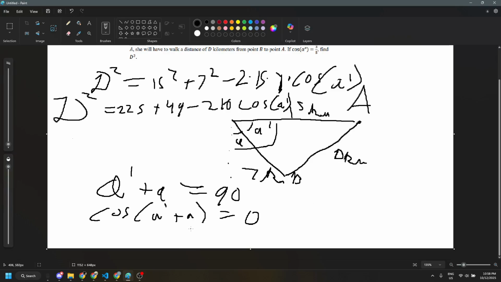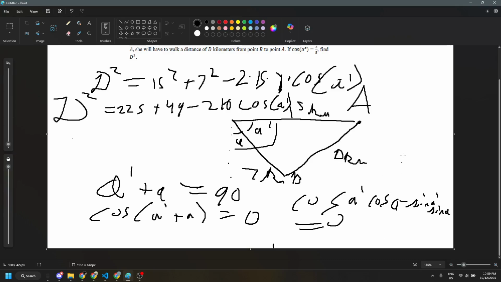So we know that cosine of these two together must equal 0. Now, if we use cosine angle addition, cosine alpha prime cosine alpha minus sine alpha prime sine alpha, I believe, is equal to 0. I think that's it. Let's plug this in.